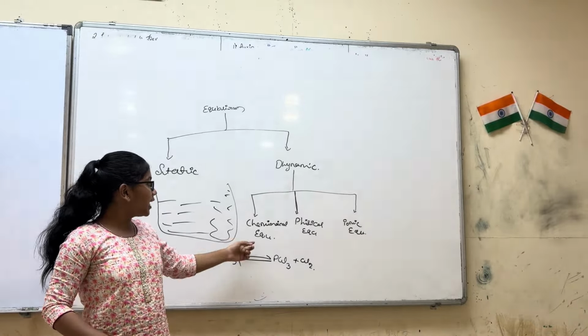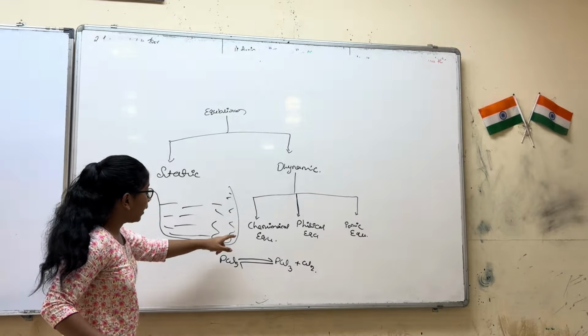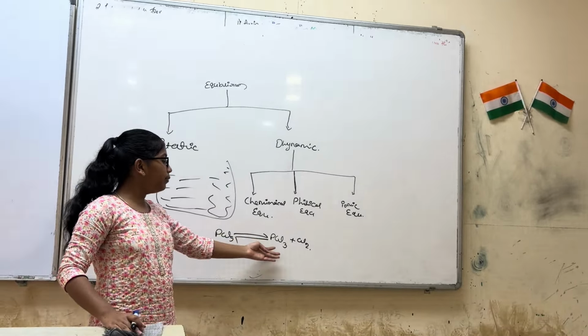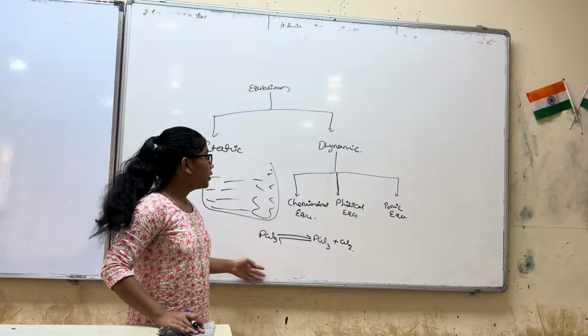It is called chemical equilibrium. An example of chemical equilibrium is PCl5 converted into PCl3 plus Cl2.